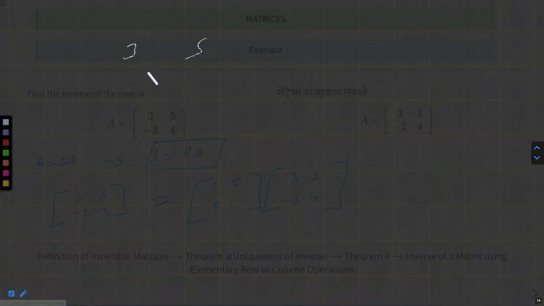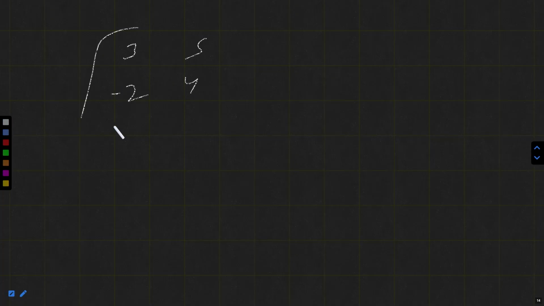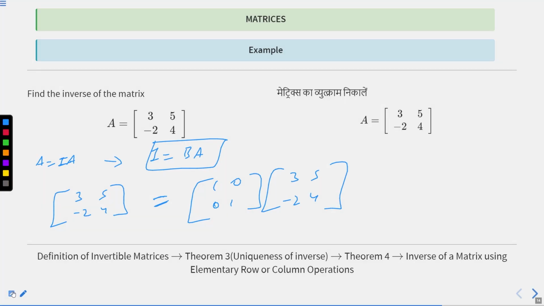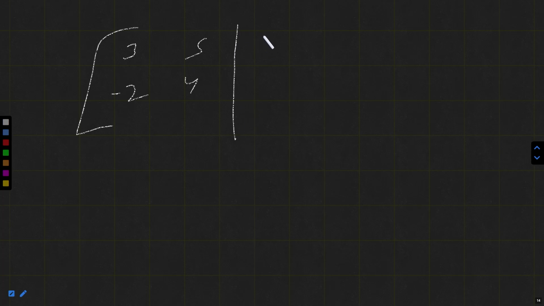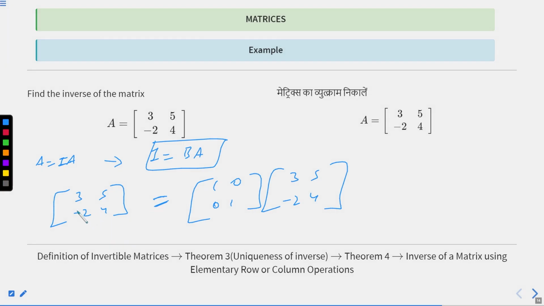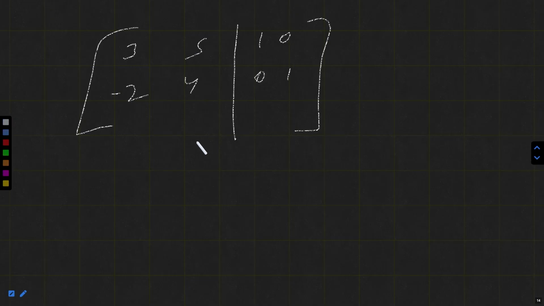Augmented matrix means whatever matrix is given to you, write it like this, and write your identity matrix here. Quite simple. So [3 5; -2 4] and the identity. Now try to make the identity here, and using the same operations, manipulate these entries.